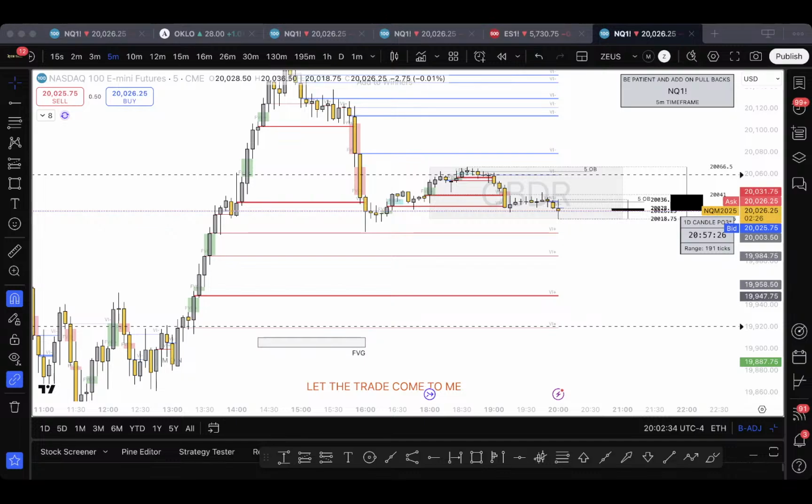All right, what do we got here in the monthly time frame? Retested this order block just now. Starting to see this expansion back to the upside a bit.